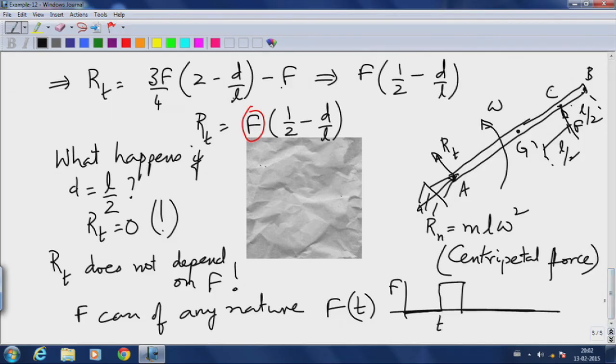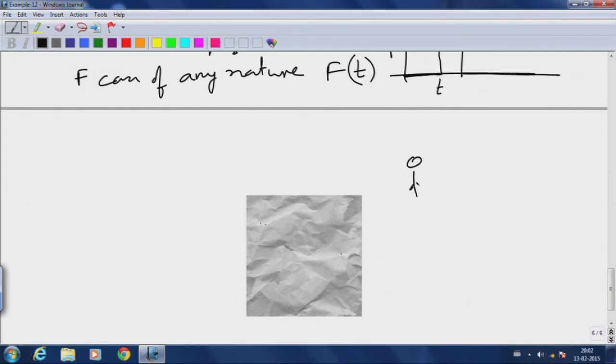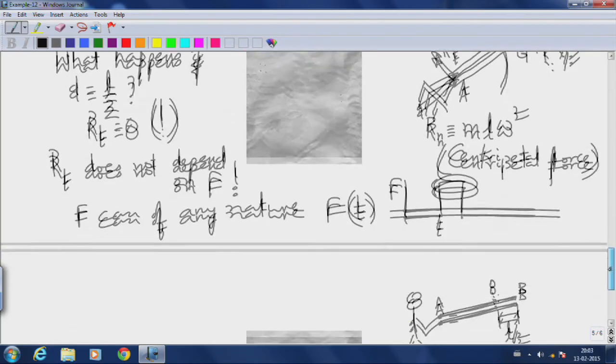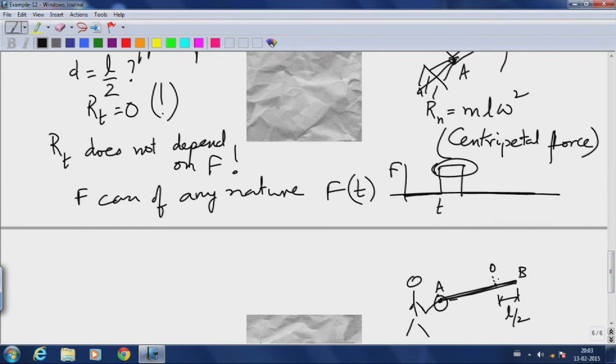So, what does this mean? If I was a batsman, if I was holding this bat at a particular point, and if a ball came and hit the bat at this particular point, a distance L over 2 from the end, then the reaction force in my hand here does not depend on whether a force appeared at this point where the ball hit the racket or not.